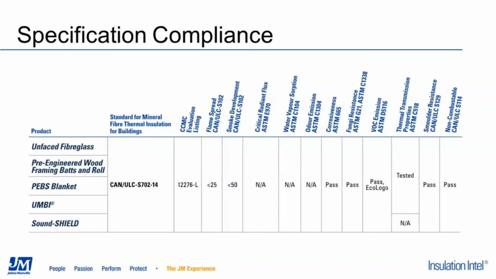For an example, UL flame spread and smoke developed is a pretty key characteristic for most building applications, and maintaining a flame spread of below 25 and a smoke development characteristic of below 50 is pretty key. So there's a lot more information there if you want to go into jm.com and grab the data sheets, but we can answer any other questions available after the webinar.